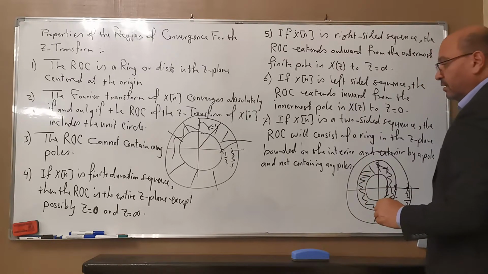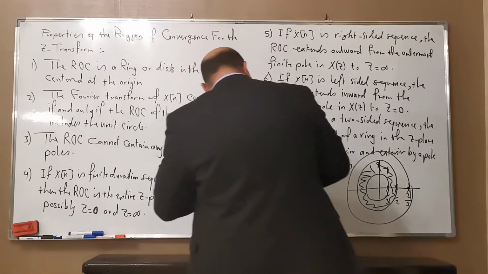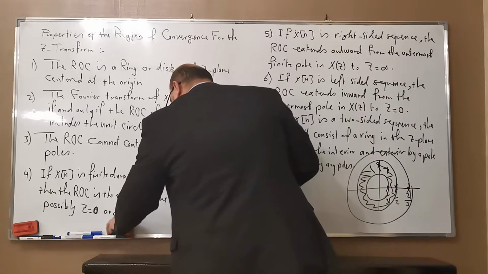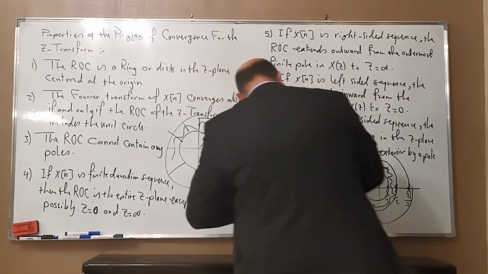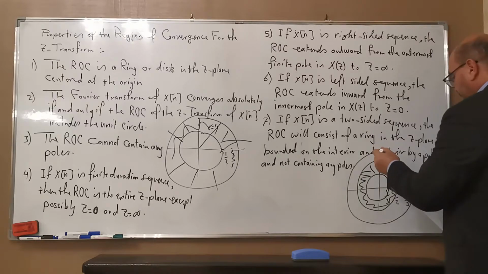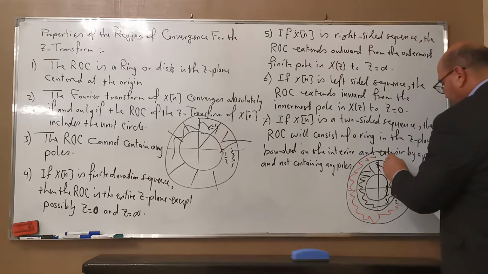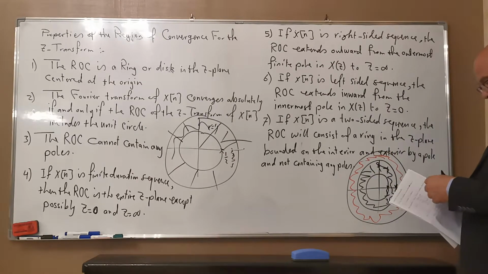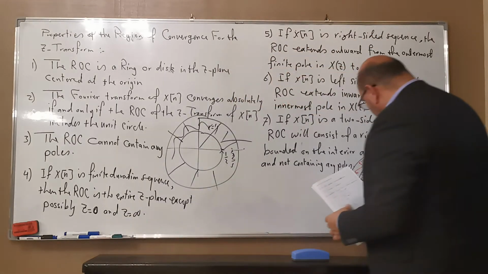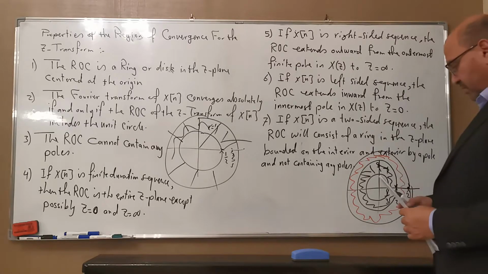So this is one scenario of the two-sided sequence, and the other one is the other ring that is bounded by 1/2 and 2/3. So this one is also a possibility for a region of convergence. So you have 2 possibilities of a region of convergence, either the black ring or the red ring that we have here.